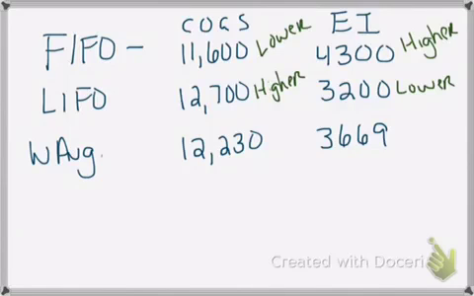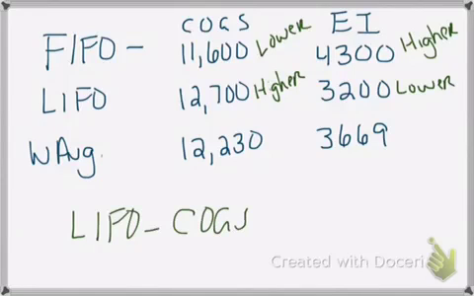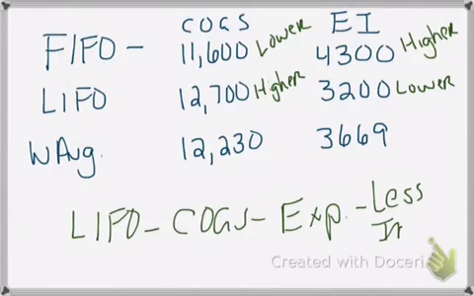For tax purposes, a lot of companies would prefer to use the LIFO system because it has the higher cost of goods sold. Remember, cost of goods sold is one of our expenses, and so that means that we have less income. Less income means less taxes. So that is something that we need to look at. Now, you can't just go in and change it.